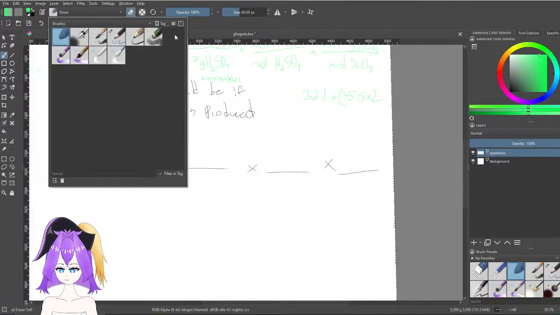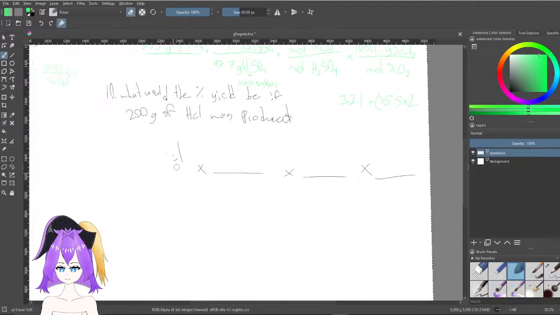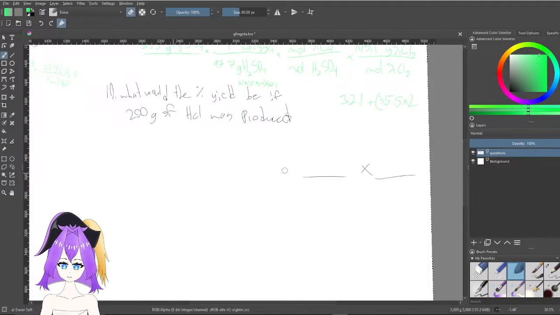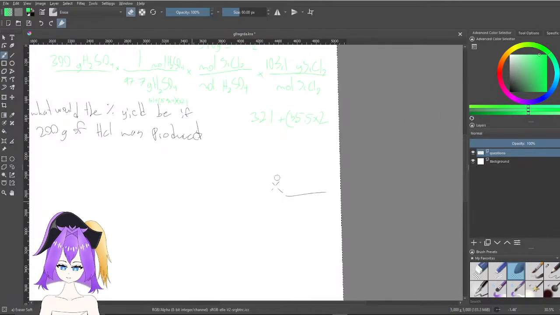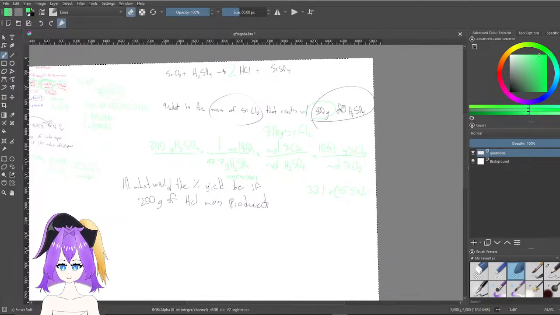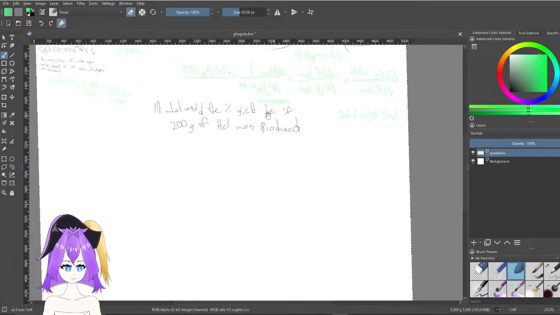When it comes to converting stuff, I don't exactly understand in my brain physically how this actually works out. Well, I think what I'm meant to be doing is going from hydrogen chloride into strontium sulfate, I think.